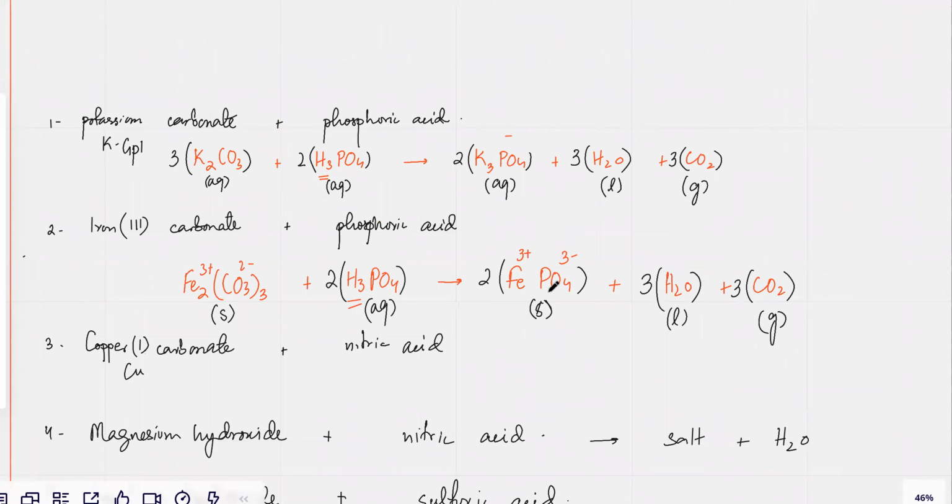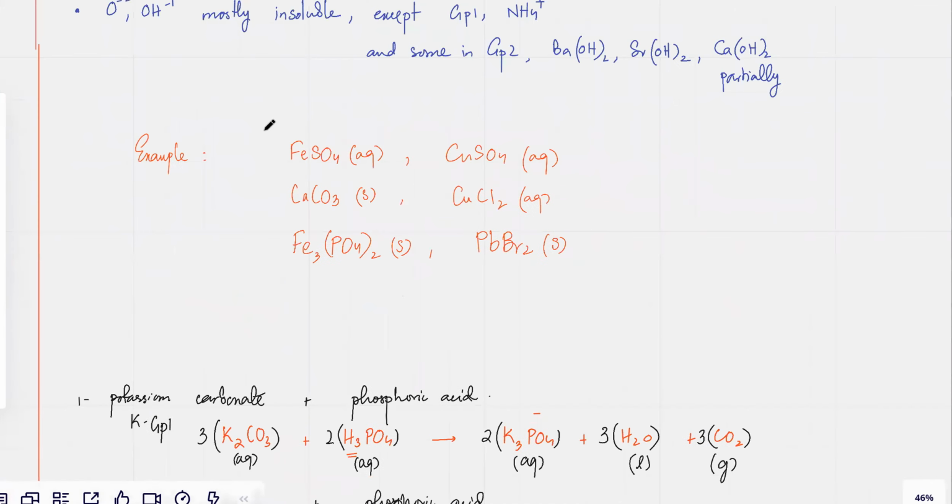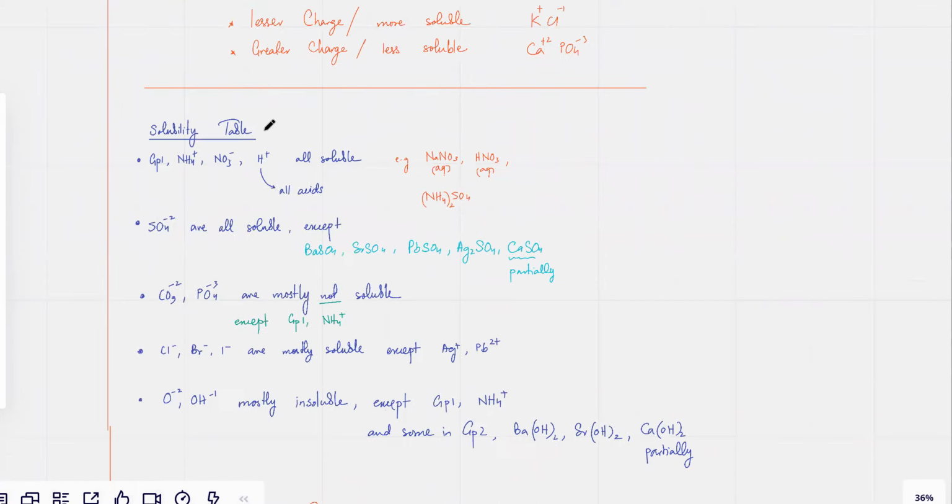You're trying to make iron phosphate, which is insoluble, it's a solid. So you can't use the excess method for making this salt. It's a soluble salt, but the reactant has to be insoluble, which in this case, it's not. So remember when to use the excess method.